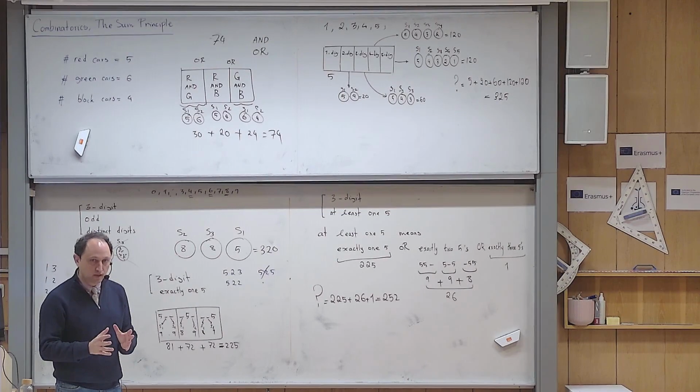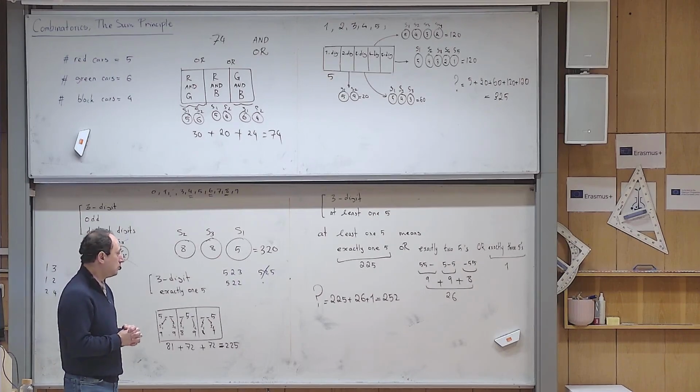So the question is, how many 3-digit numbers are there with at least one digit of 5? You will see it would be a little bit more efficient. I'm not saying that it's totally more, but it is good to know about this rule.